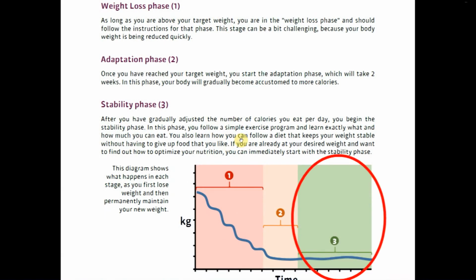So we slowly increase the calories and then slowly increase them again for 2 weeks, and then you've reached the stable phase. And by the stable phase, you will have learned what type of food is making you overweight, what type of food is no problem, and how much of each type of food you can eat without a problem. And the stability phase should then help you to maintain your body weight for the rest of your life.